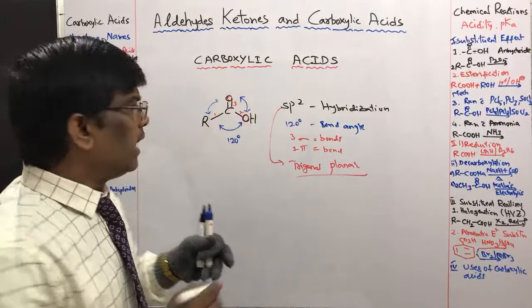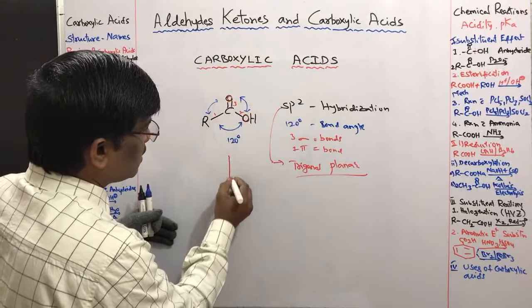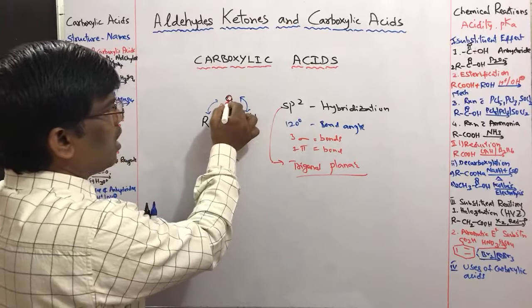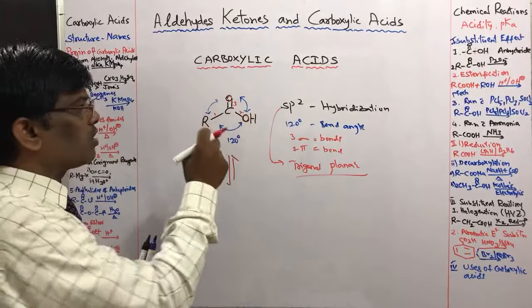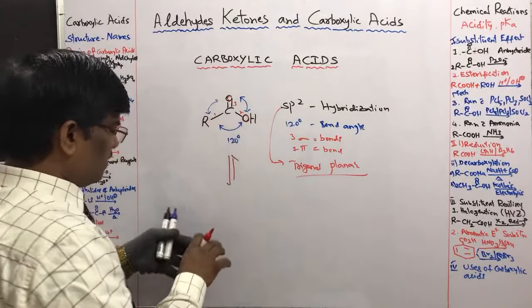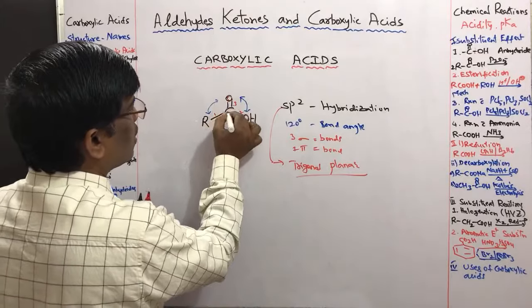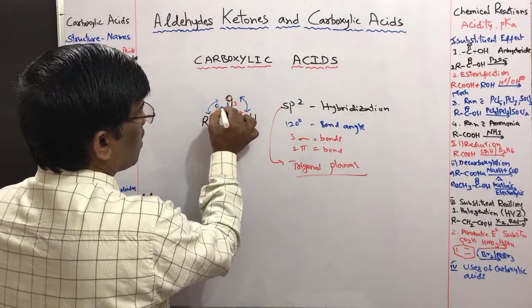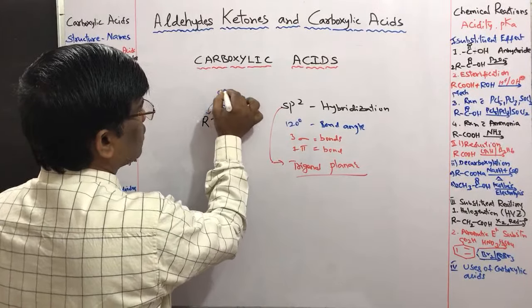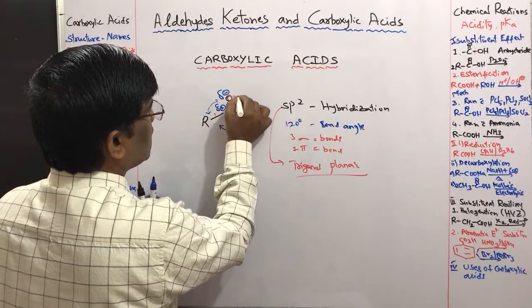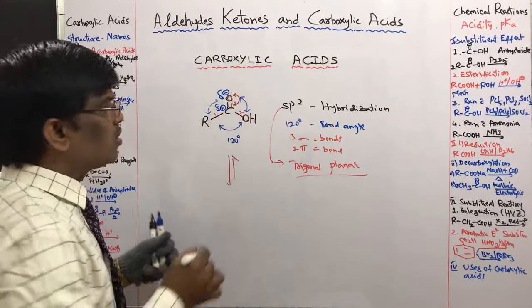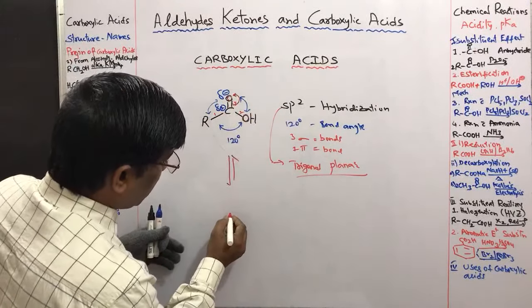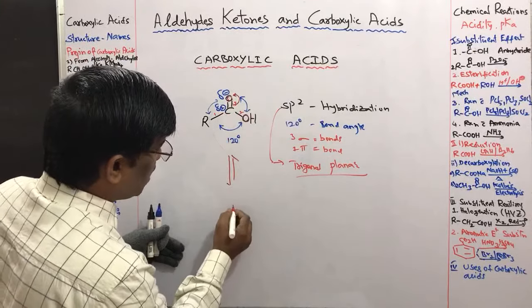It is resonance stabilized because it is attached to the electron withdrawing oxygen on two sides. So it has a partial positive charge and a partial negative charge. The oxygen pulls the double bond electrons towards it, making this carbon electron deficient.